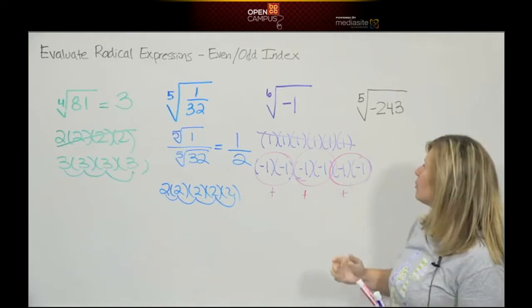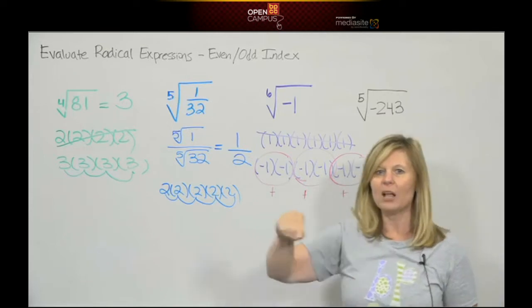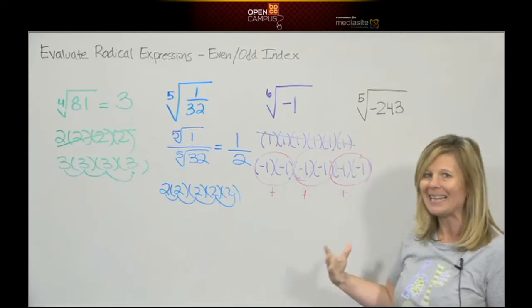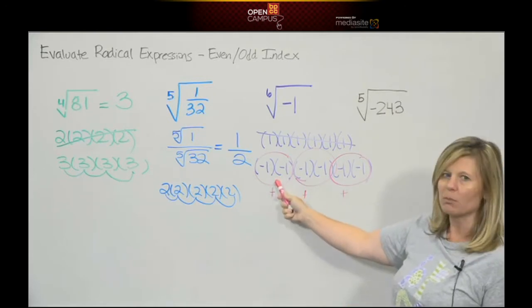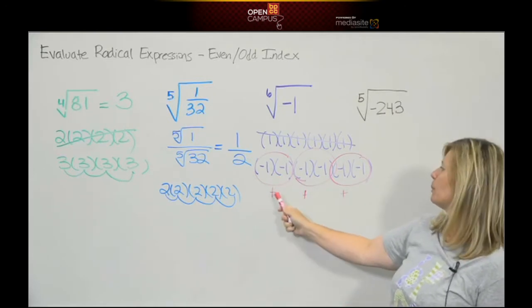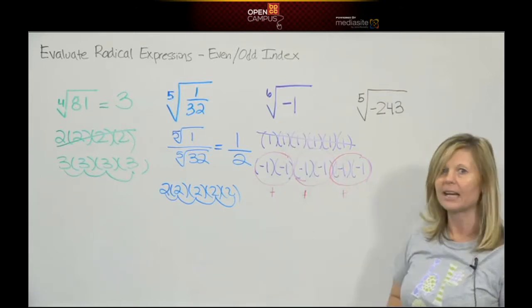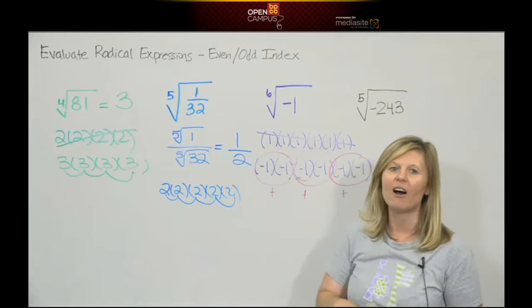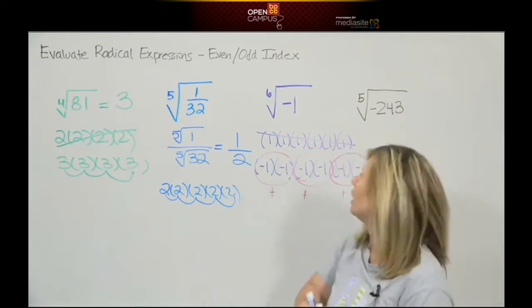So, ladies and gentlemen, there is no way to take a negative number and multiply it 6 times to get a negative number. Because when you start grouping the negatives together, 2 negatives multiply to make a positive. So this would really be a positive times a positive times a positive, which would not be negative. So we cannot find a number that if you multiply it 6 times would give you -1.